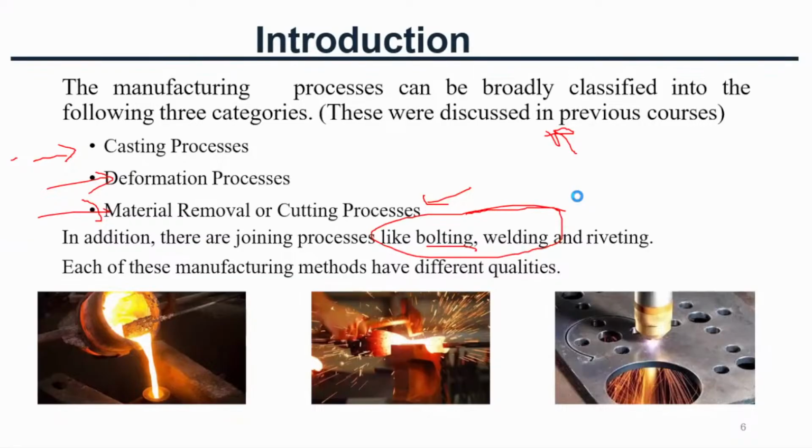According to your requirements you can choose the most suitable joining method, and also the most suitable process. According to different characteristics and limitations, advantages and disadvantages, you can select a suitable manufacturing process.